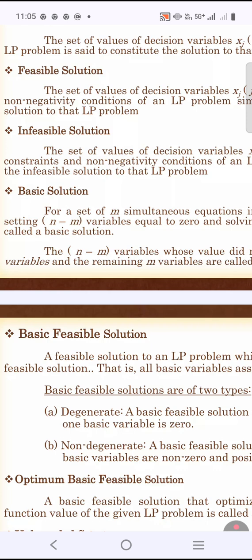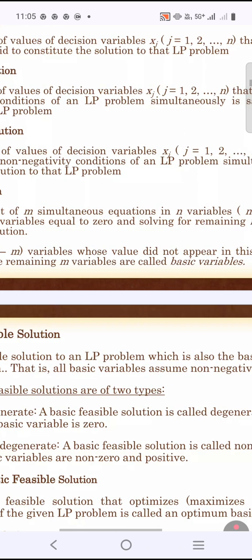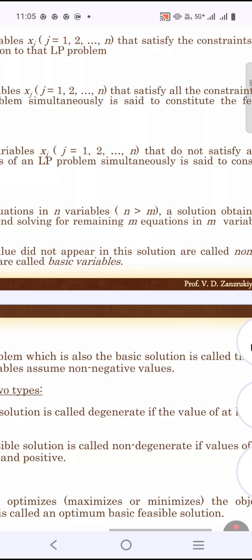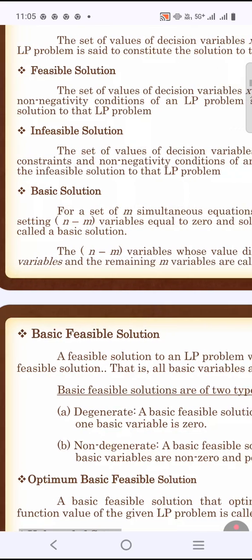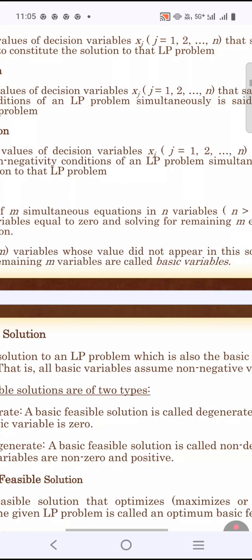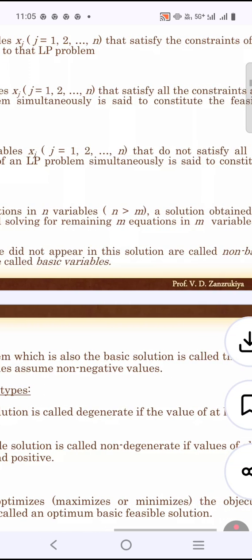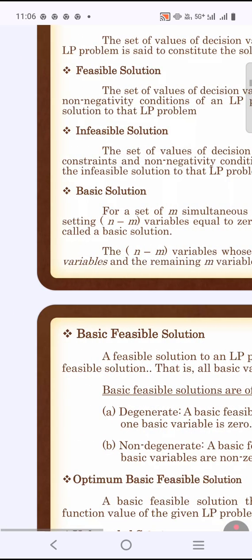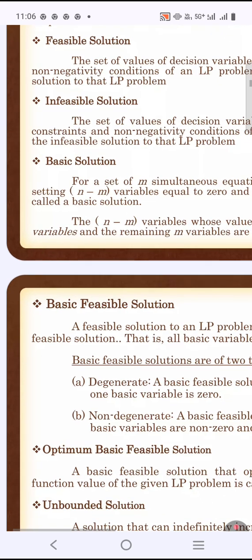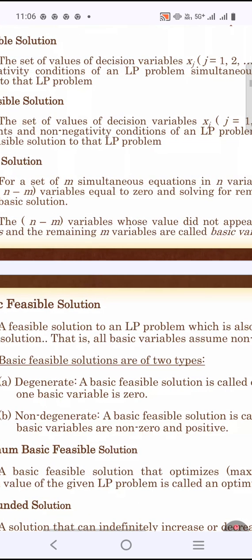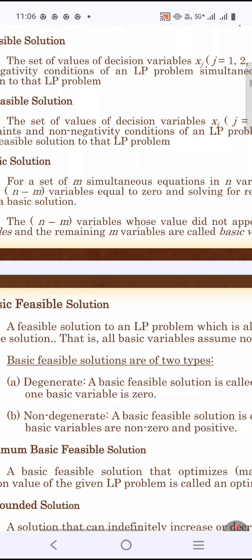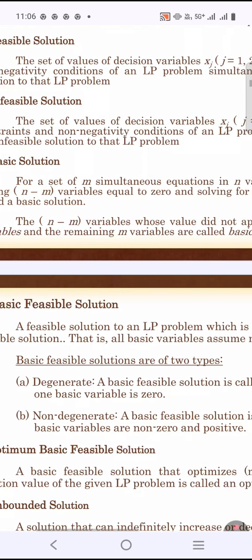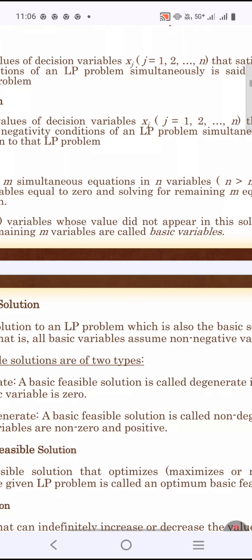Basic solution: for a set of m simultaneous equations in n variables, with n greater than m, a solution obtained by setting n minus m variables equal to 0 and solving the remaining m equations in m variables is called a basic solution. The n minus m variables whose values are set to zero are called non-basic variables, and the remaining m variables are called basic variables.